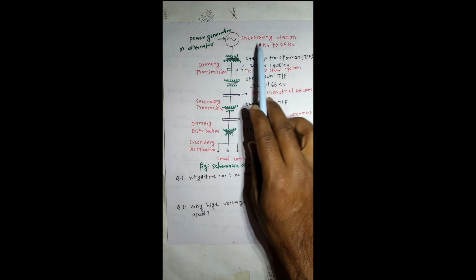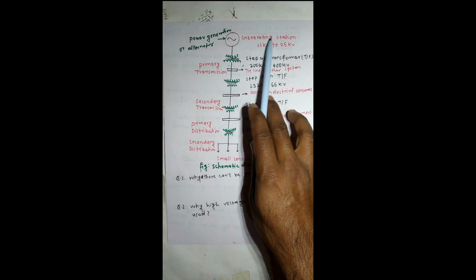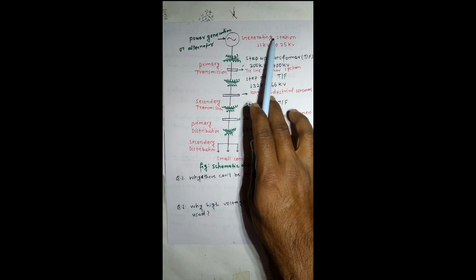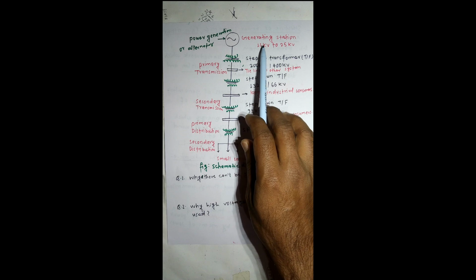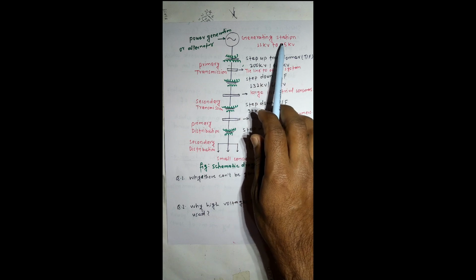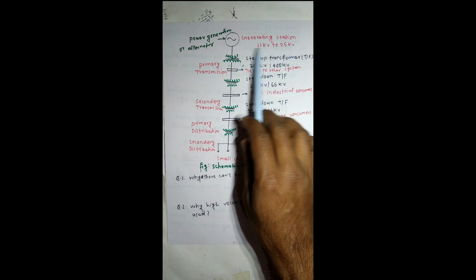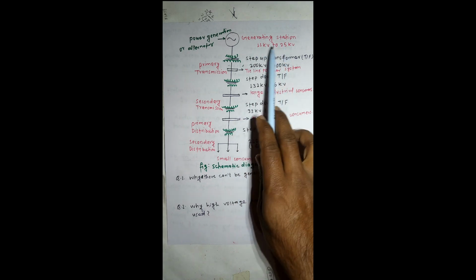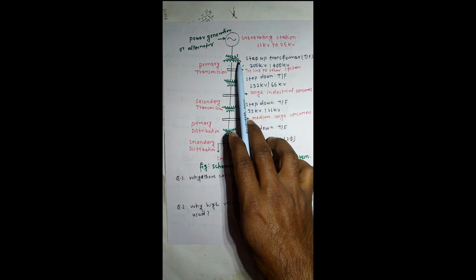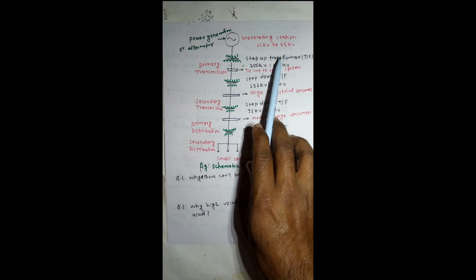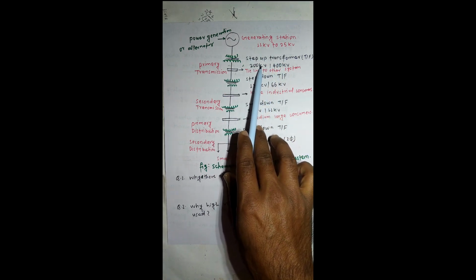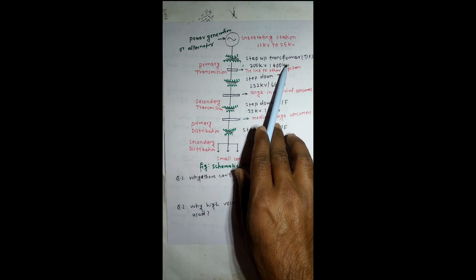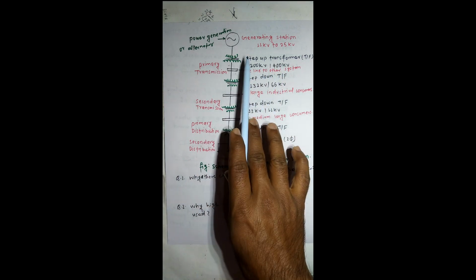Now let's understand the generation. At a generating station, power is generated at 11 kV to 25 kV, and this power is stepped up by a step up transformer to 200 kV to 400 kV, which is primary transmission.